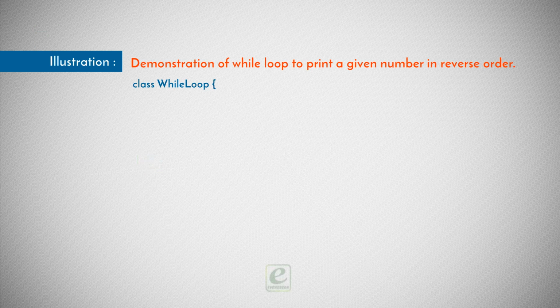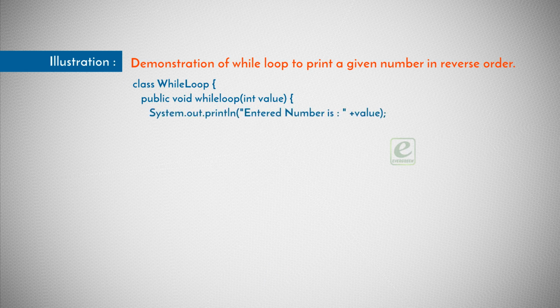Illustration: demonstration of while loop to print a given number in reverse order. Class WhileLoop, curly brace open. Public void whileLoop, within brackets, int value, curly brace open. System.out.println, within double quotes, "Entered number is" plus value, semicolon.